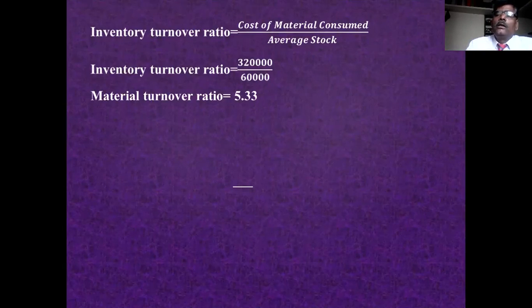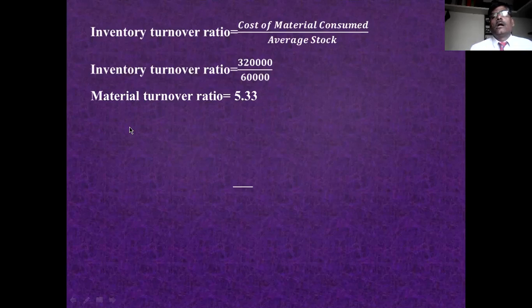It is nothing but in the month of August you have to fill the godown 5.33 times, 5 times full, and another one third portion you require. Nearly 5 and above. 5 times you have to fill at minimum. That is the material turnover ratio.